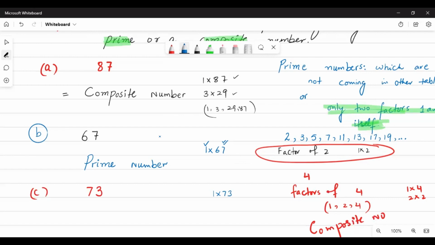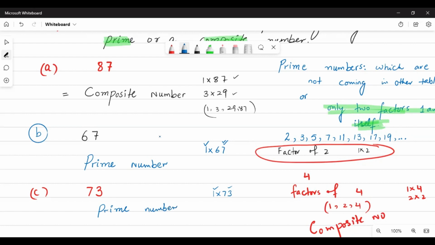If you add the digits, is the sum divisible by 3? 7 plus 3 is 10. 10 is not coming in the table of 3, so it's not divisible by 3. And we can identify that it is not possible with 5 because the last digit is not 0 or 5, and not with 10. So this only has 2 factors, 1 and 73. So this is also a prime number.